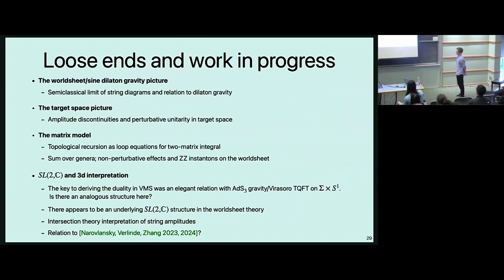It enhances the SL2R to an SL2C, if you wish, when you combine the two theories with the appropriate reality conditions. There's an intersection theory interpretation of the string amplitudes. After all, they involve the VMS quantum volumes, and that begs to be better understood. And as I already mentioned, we'd like to better understand the relation to this work by Vladi, Herman, and Meng Yang. So with that, I'll conclude and say thanks for your time.